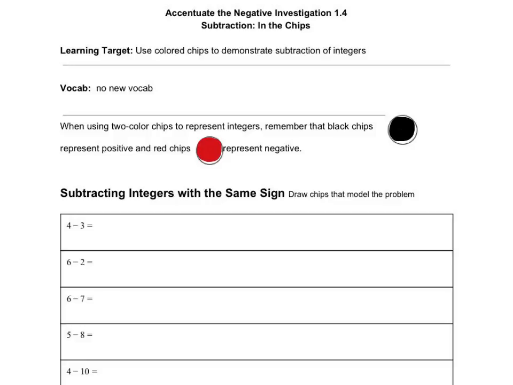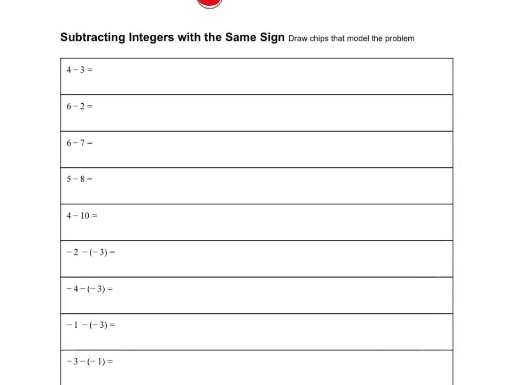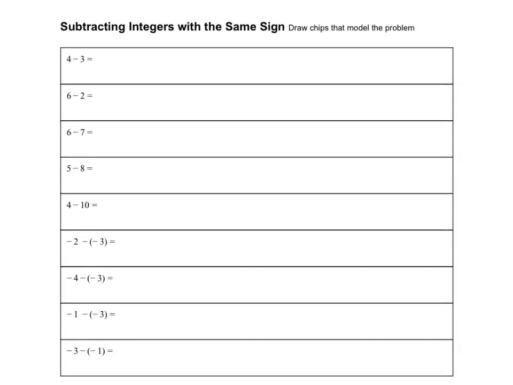If you used two different colors in the previous video, I encourage you to continue with those same colors, both for these notes and in class, so that you are consistent and you don't cause yourself confusion by constantly switching colors. So we are going to start with subtracting integers with the same sign.